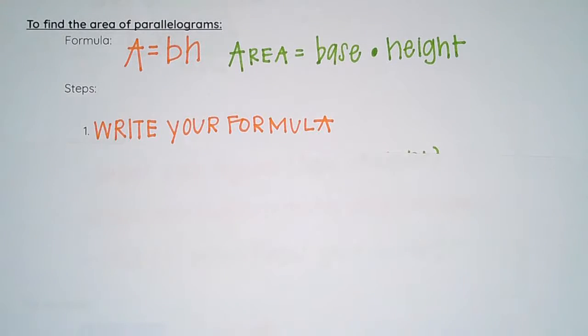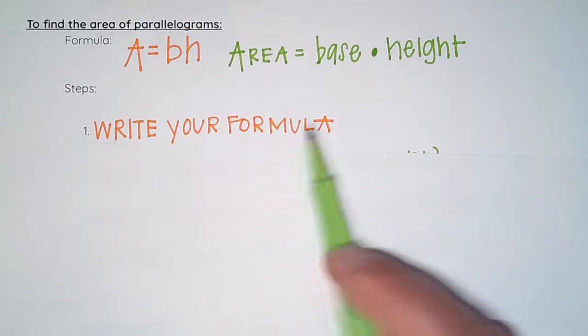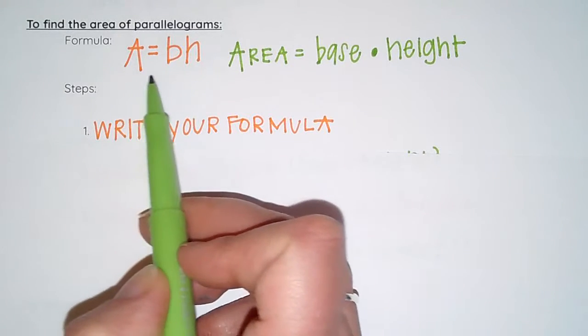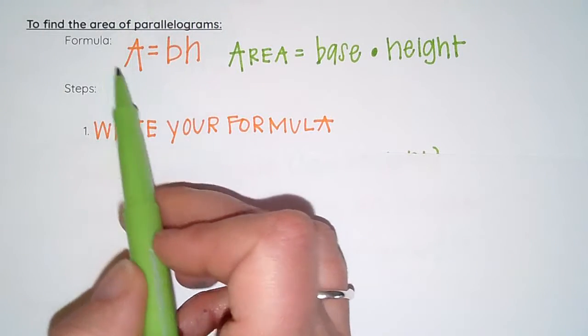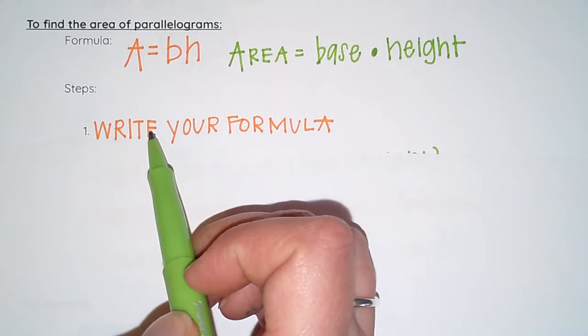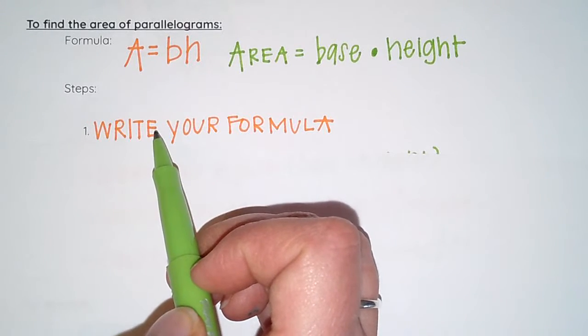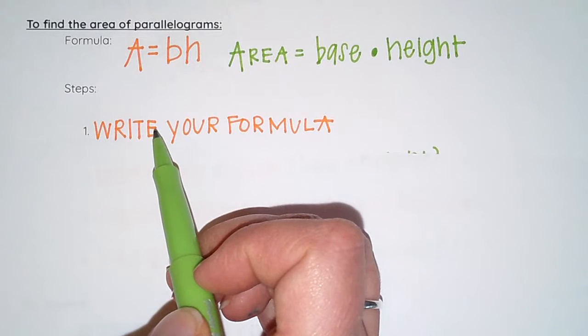Okay, there are a couple of reasons for this. One reason that we write down our formula is because we have to memorize this. A equals BH. We must memorize that. And writing it down every time we find the area of a parallelogram will help that stay in our head.